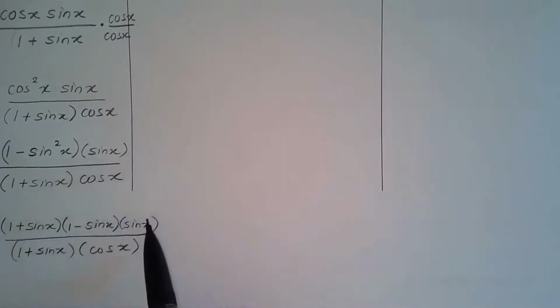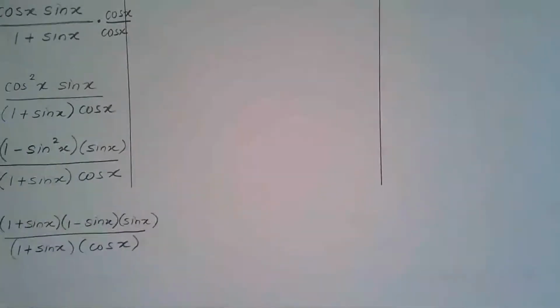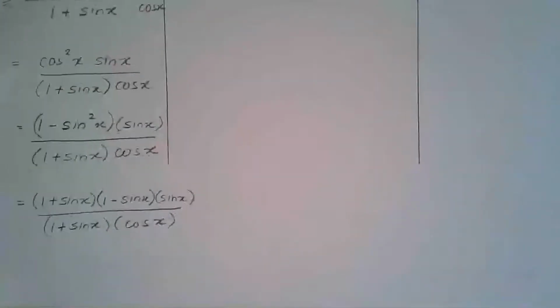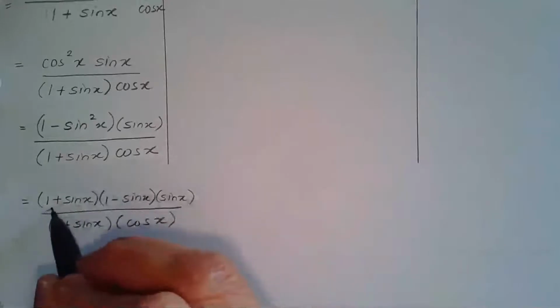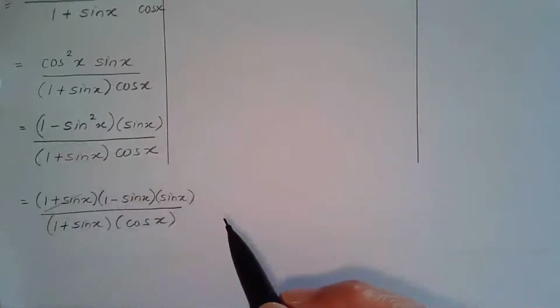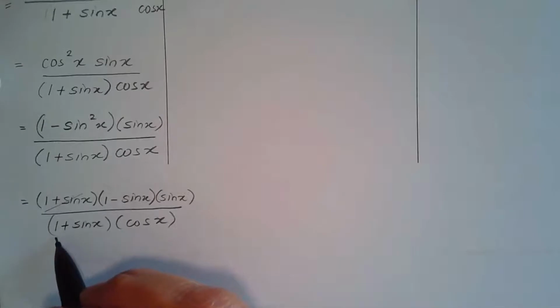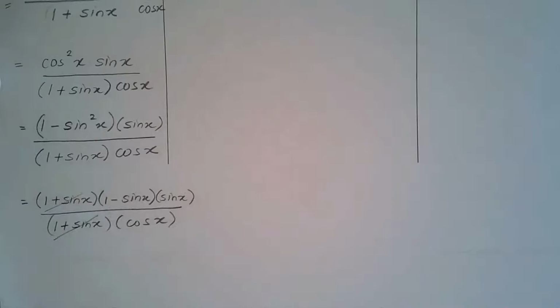And then the sine of x is still there, and the denominator stays the same. Now you're probably thinking, I see something that cancels. So what cancels is this. This cancels. This cancels. So those two cancel. That is pretty good.